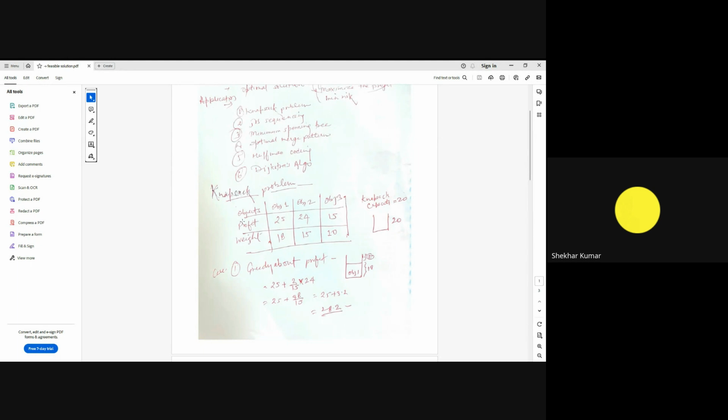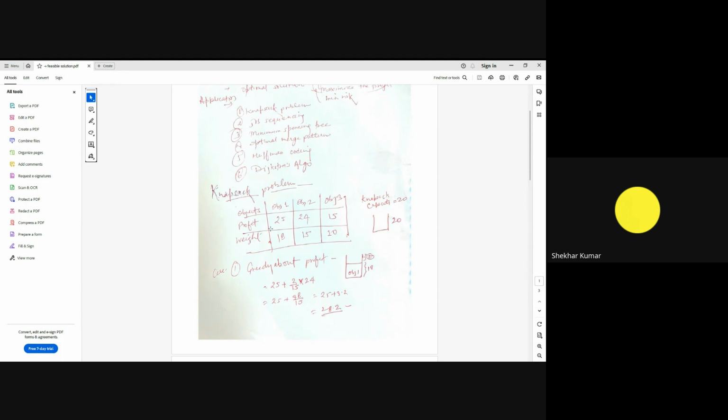The profit of object 1 is 25, the profit of object 2 is 24, and the profit of object 3 is 15. Accordingly, the weight of object 1 is 18, the weight of object 2 is 15, and the weight of object 3 is 10. This is the problem.